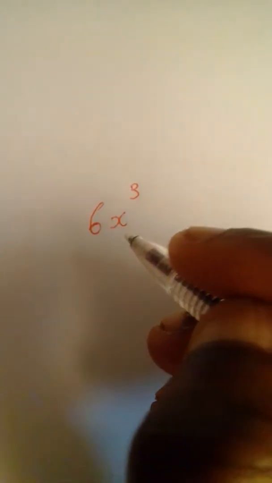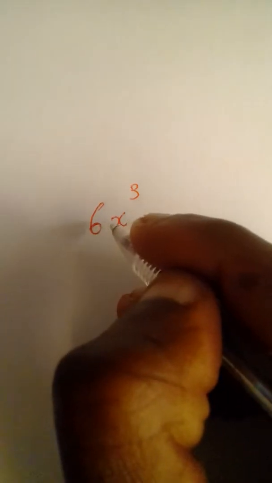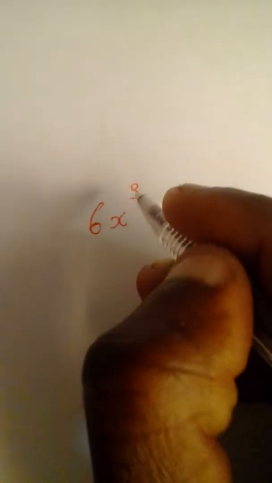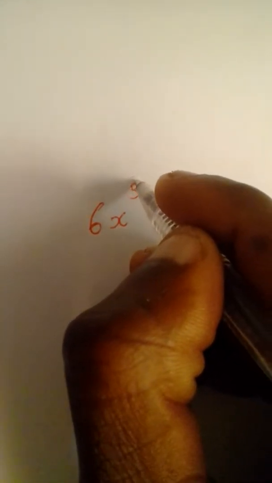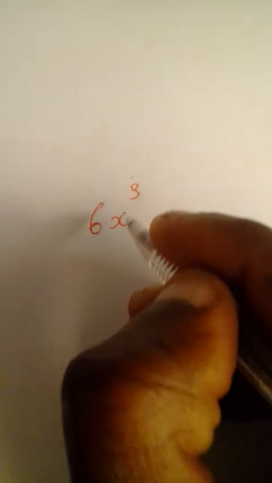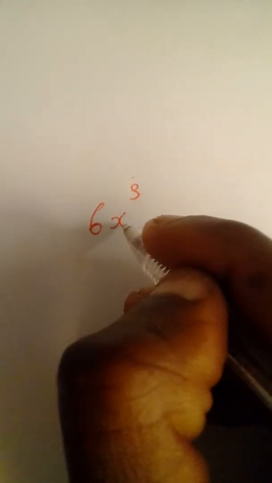So guys, I'm going to derive 6x cubed for you. What is the derivative of 6x cubed? I said you always start with the exponent. Your exponent is 3. You multiply it with the coefficient of x. The number before x is 6. So you say 3 times 6.